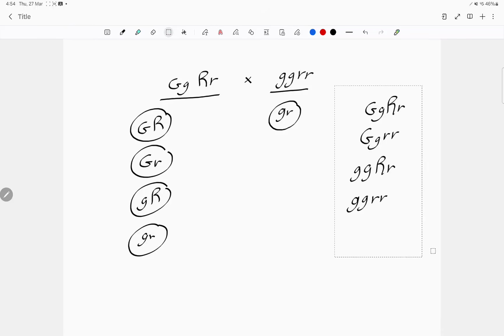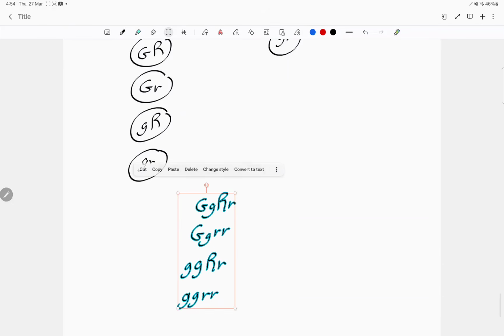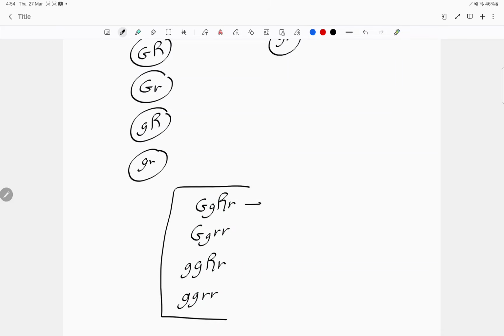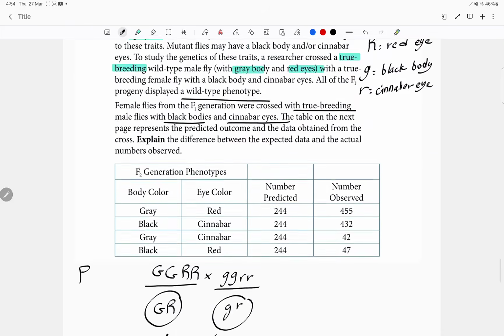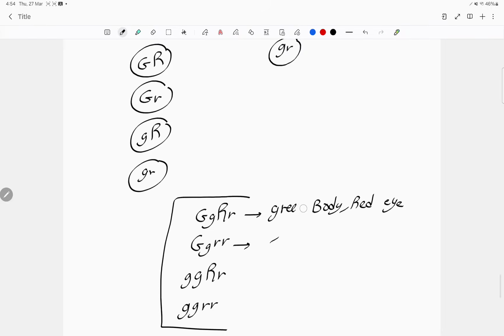So now, we're going to take our things and we're going to describe them with a phenotype. That's going to be gray body, red eye. Green, is it green or gray? Was gray. Okay.